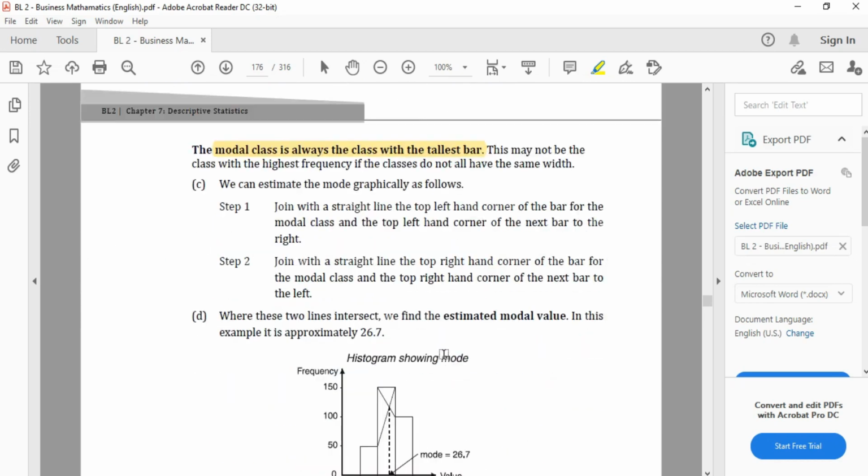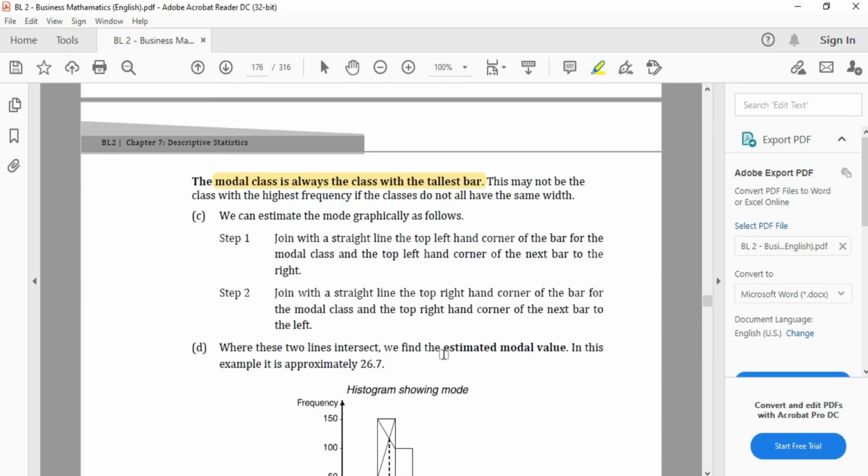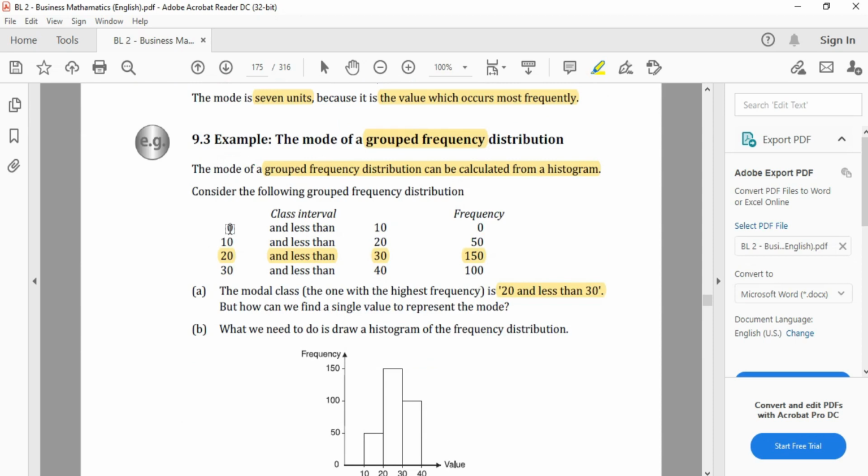And then decide, make sure that the gap between these classes is the same. If it is different, you should make it the same, following the steps using the adjustment factor.